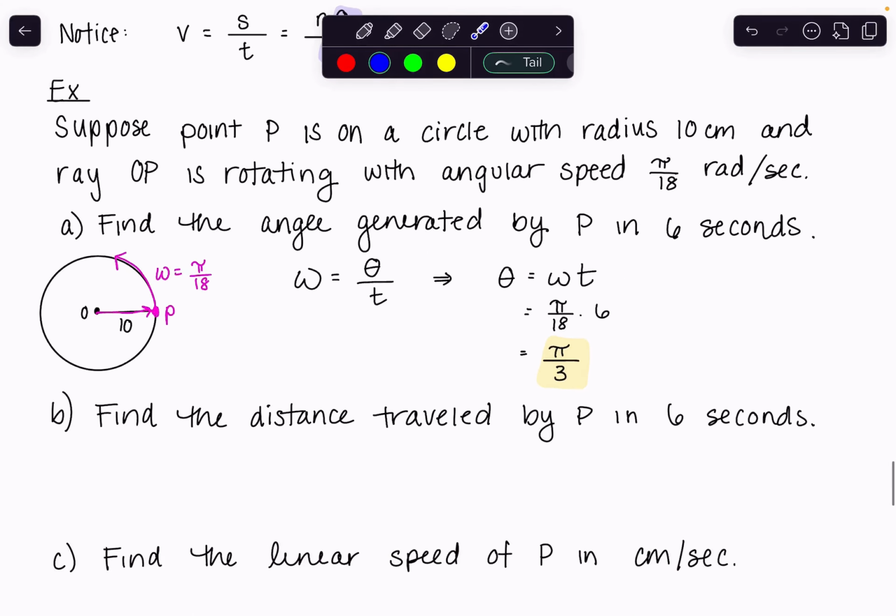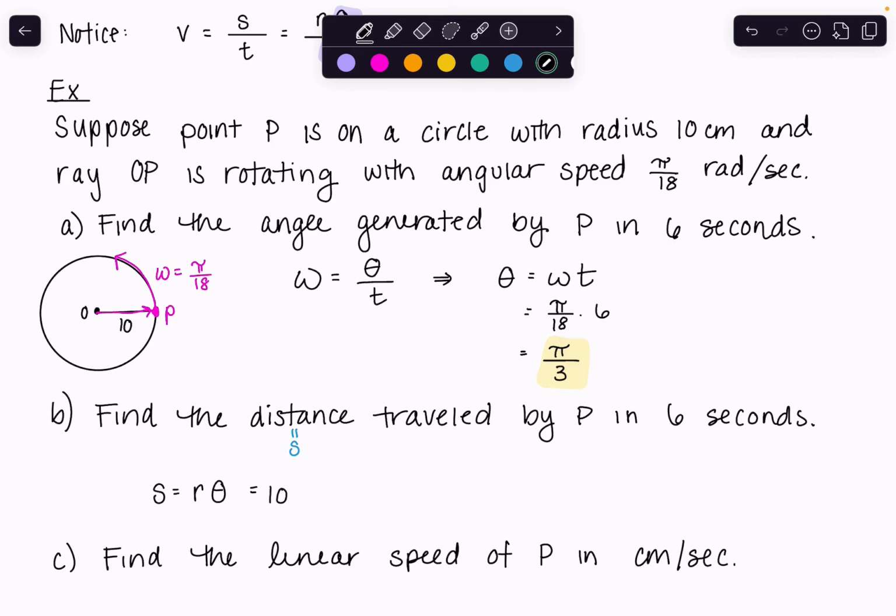Next up, we want to find the distance traveled by P in 6 seconds. So for the same time, after 6 seconds, we are looking for the distance, which is the arc length. So we are asking, what is S? Okay. Well, I can just utilize my formula. My arc length is equal to my radius times the angle carved out.